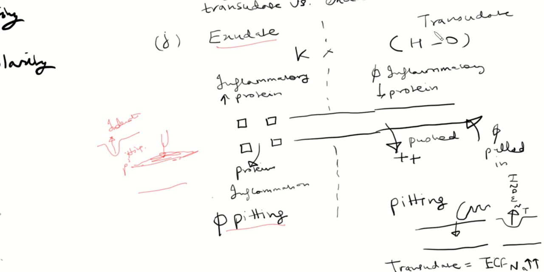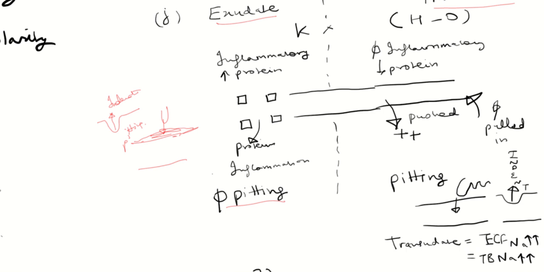Well, what if there is pitting? If there is pitting, that's a transudate edema or transudate fluid collection. It is non-inflammatory in nature, so you're not going to see any proteins in there. Okay?